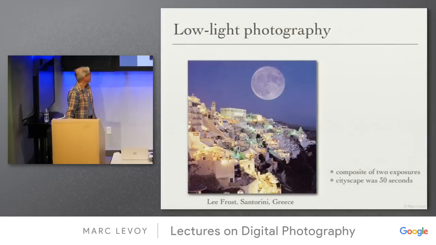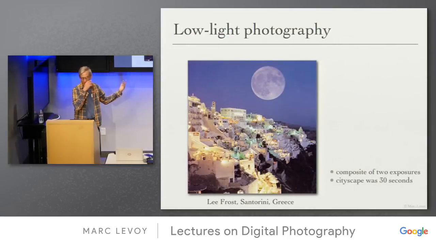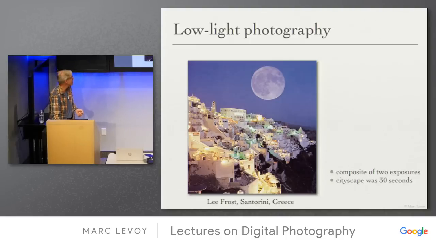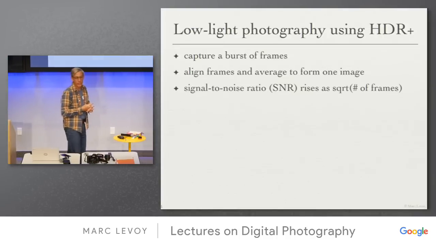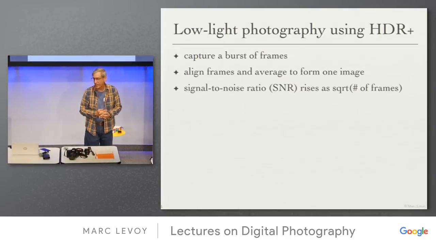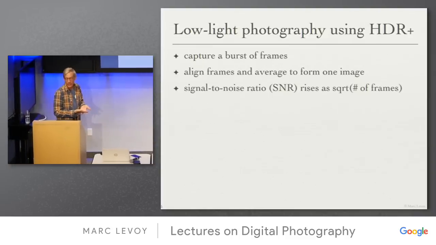Low speed. Okay, so low speed, low light, take long exposures. This is a composite of 2 exposures. HDR Plus, which is a mode in the Google Camera app that ships on recent Nexus phones, can do low light photography.